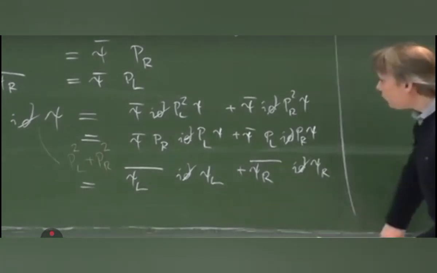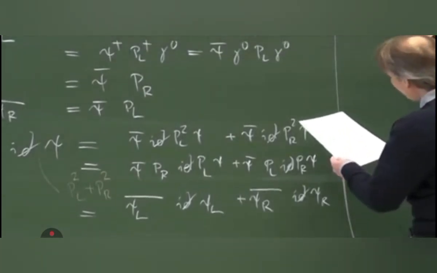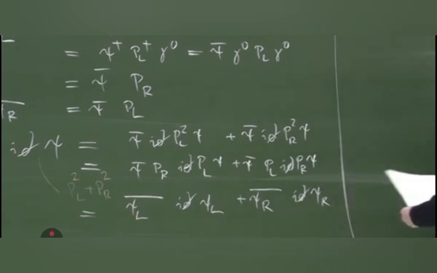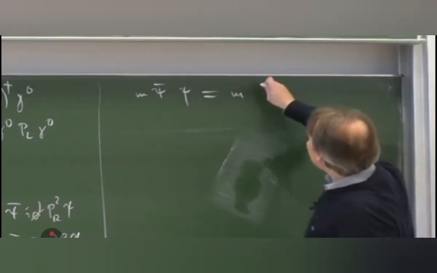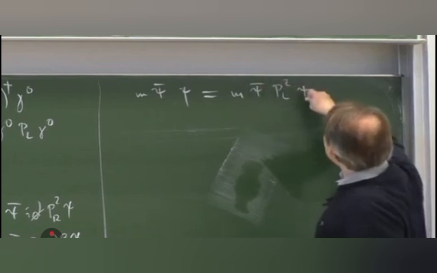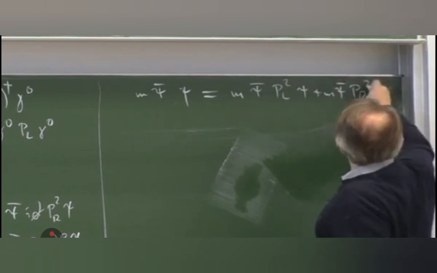Let us compare that to the other term in the Lagrangian, which was the mass term m psi bar psi. What do we get from m psi bar psi? Let us again introduce P left squared plus P right squared. Then of course we have m psi bar P left squared psi plus m psi bar P right squared psi.